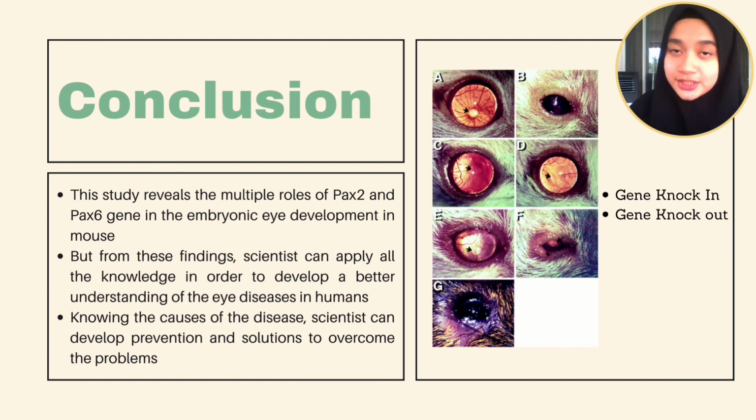Scientists can do gene knockout, such as disrupting a gene in order to prevent the function of a gene that could be detrimental to the health of the patient, or gene knock-in, where we introduce a good gene to promote better expression of a gene that is important for eye development.